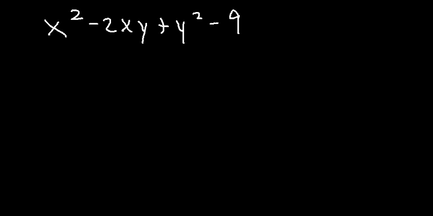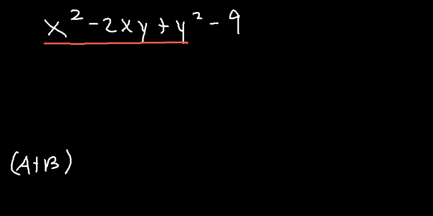Now feel free to pause the video and try it out yourself. It helps to see if you focus on this part first. Now you need to know some equations.